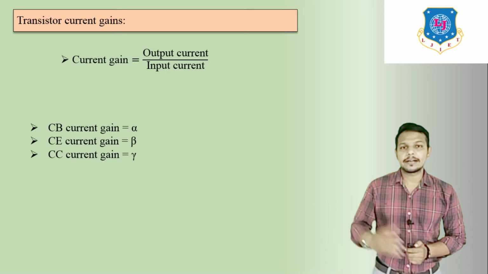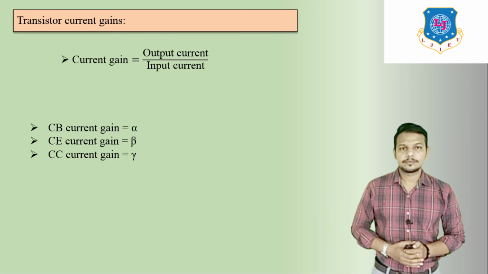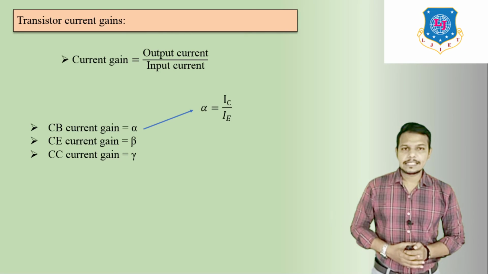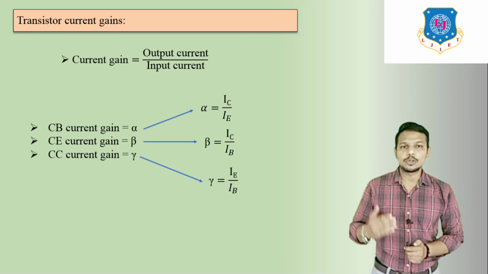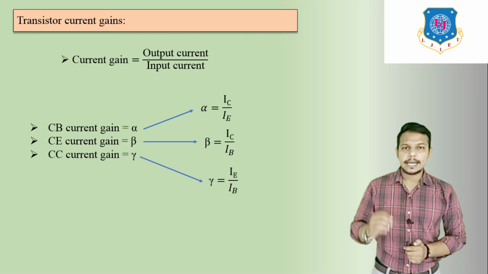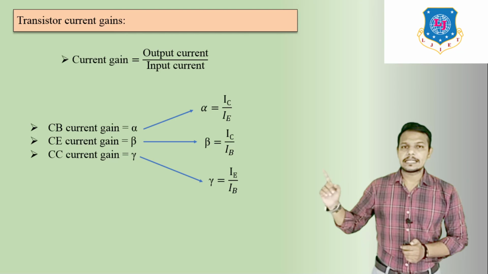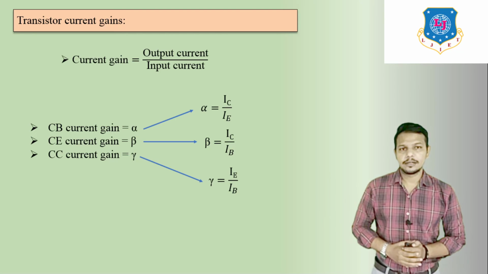And CC current gain, common collector current gain, is equal to gamma. Here alpha is equal to IC upon IE, beta is equal to IC upon IB, and gamma is equal to IE upon IB. So here we discuss only CE current gain, common emitter current gain, that is beta. Beta is equal to IC upon IB.